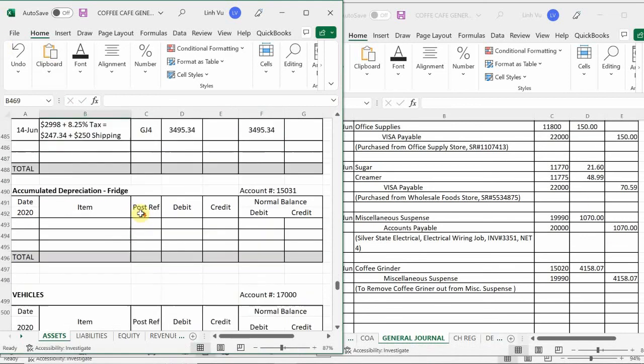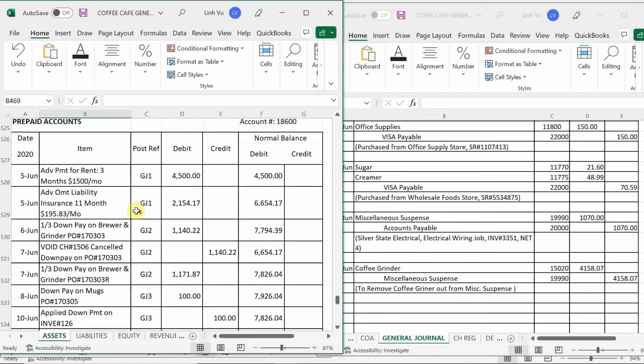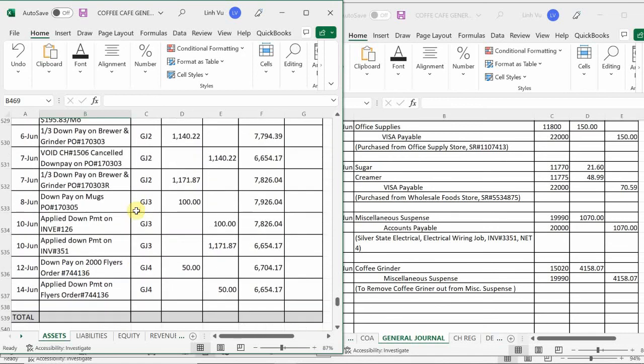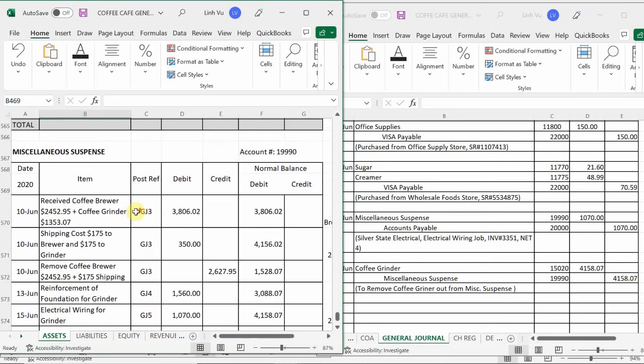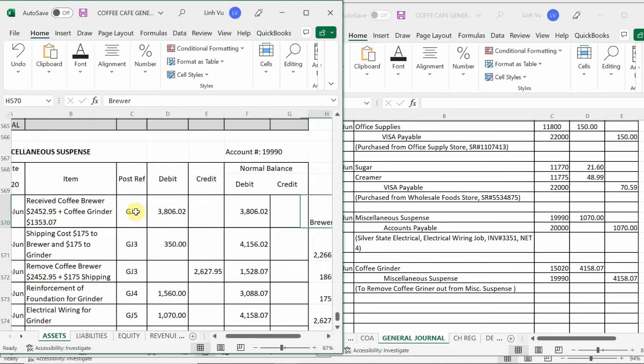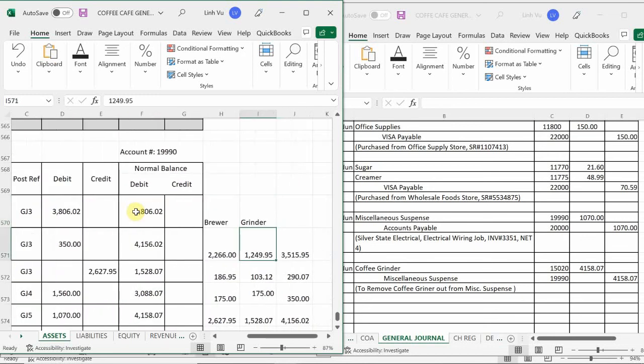So if you want to go back down, let's figure that out so that I know what my actual asset was. Here we are, miscellaneous. The coffee grinder was actually $1,249.95. The tax was $103.12.